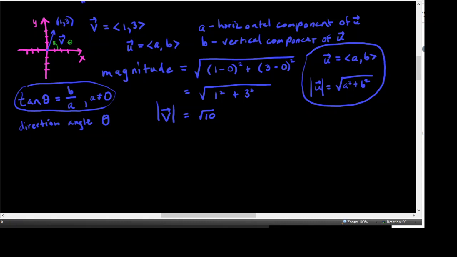All right, so let's do an example. Let's say that vector u is one whose component form is <3, -2>.